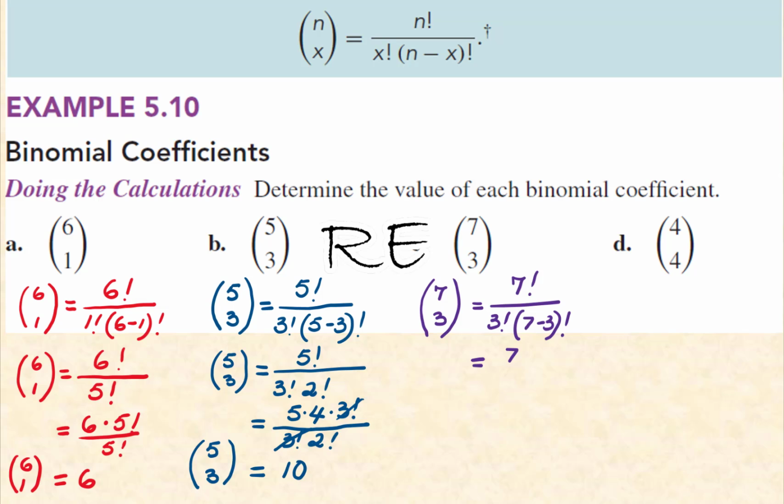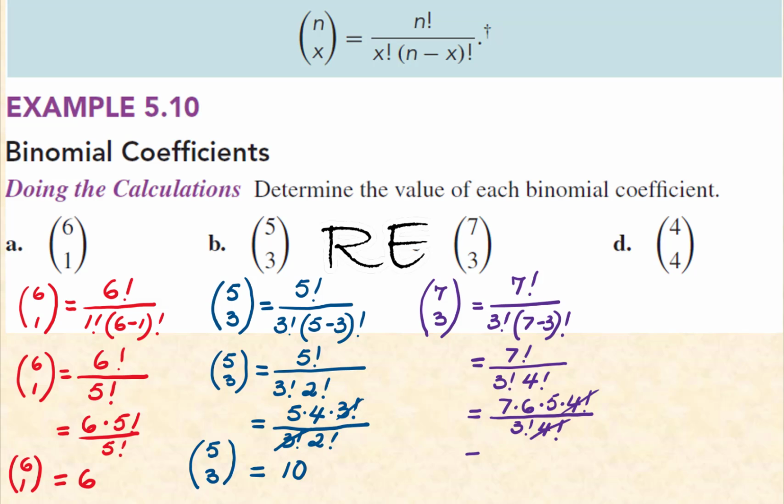So 7 minus 3 is 4, giving 4 factorial. 7 times 6 times 5 times 4 factorial divided by 3 factorial times 4 factorial.